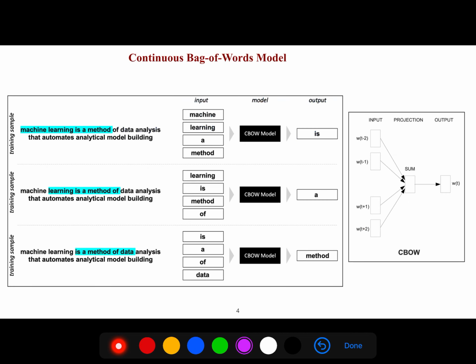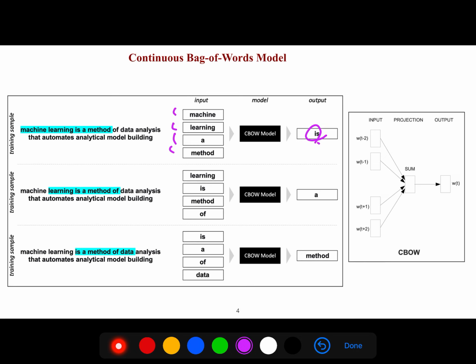And as you see, in the continuous bag of words, you give the context. For example, in the sentence, machine learning is a method of data analysis and so on, machine learning, a method, these are the words that are surrounding is. And is should be in your output. In this way, you don't need any label. You just need to know what is the center word, what is the surrounding, and you just train it.